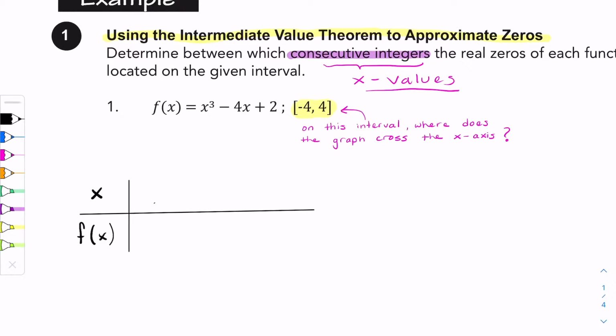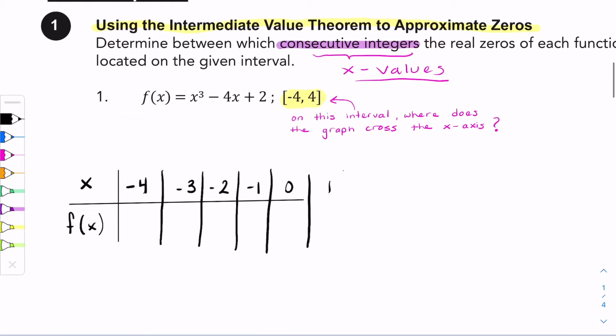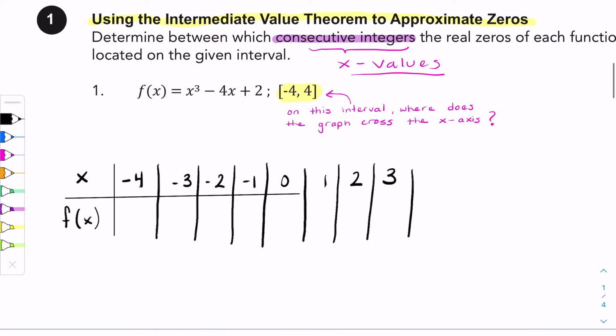And then I'm going to test every integer on the interval of -4 to 4. That means I'm going to test in the function an x value of -4, an x value of -3, -2, -1, 0, 1, 2, 3, and 4.